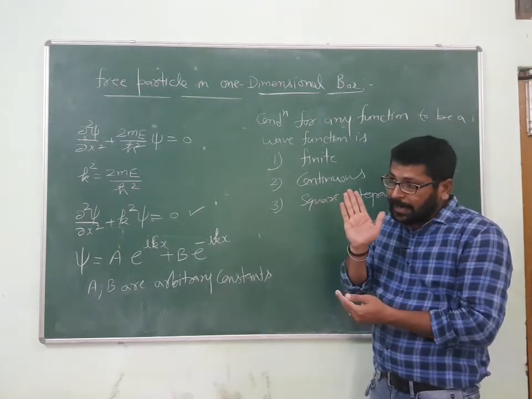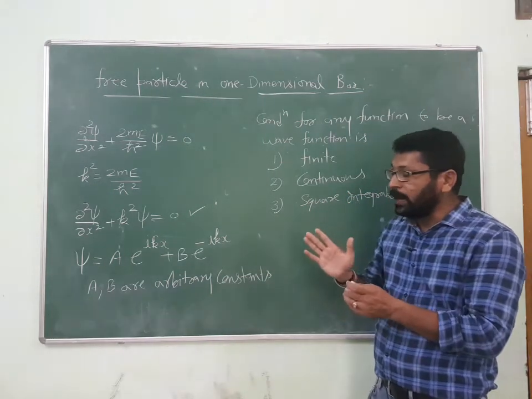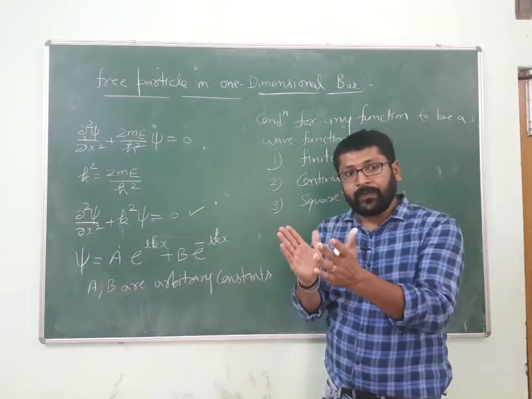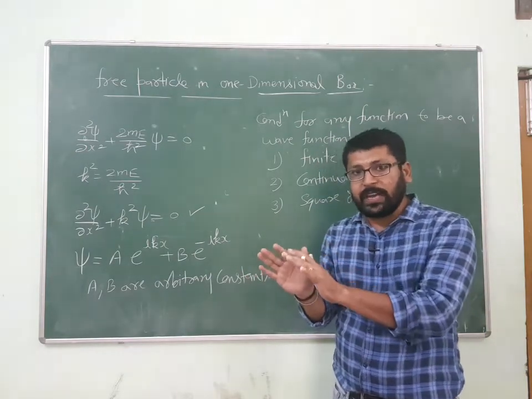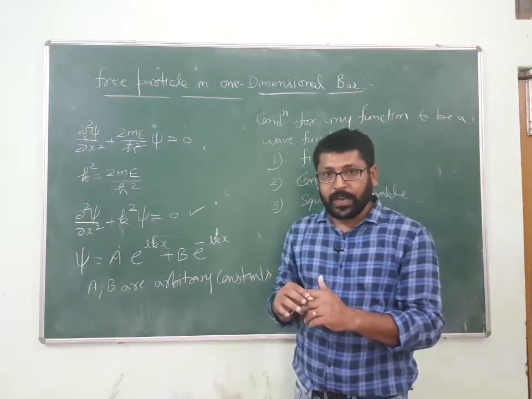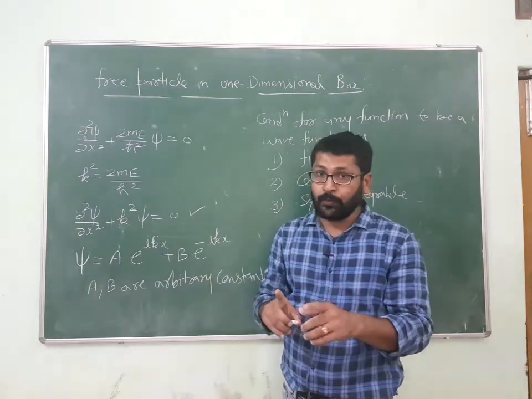But at x equal to 0 or x equal to L, at these two boundaries, this function is changing abruptly. Within 0 to L we have a wave function, and beyond we do not have. But the wave function has to be continuous even at this point also.